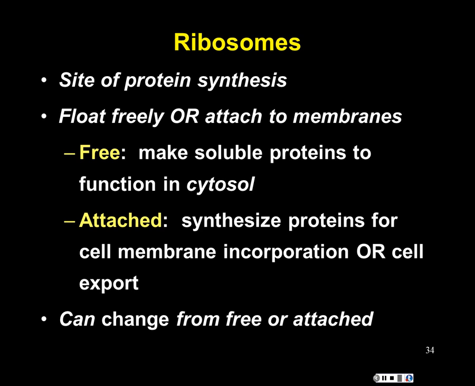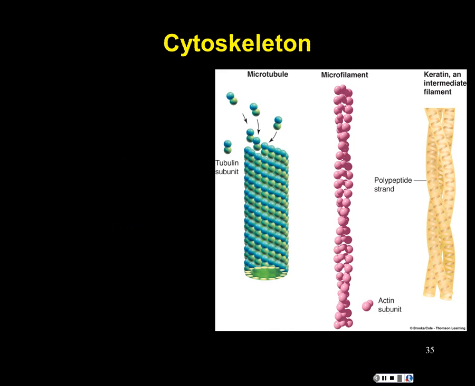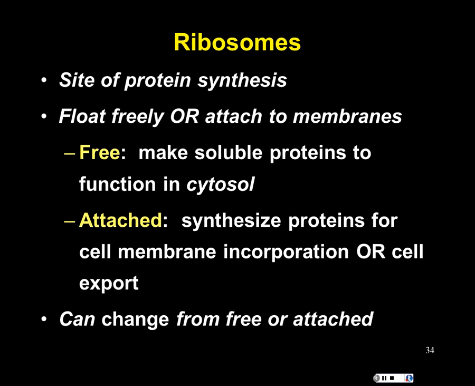It can move from the cytoplasm and associate to a membrane and then go back to the cytoplasm. If it's associated with the rough ER, it doesn't have to stay there indefinitely. It can go work in the cytoplasm. Does that make some sense? It's not constrained. Any questions about ribosomes before we look at some other cytoplasm components?